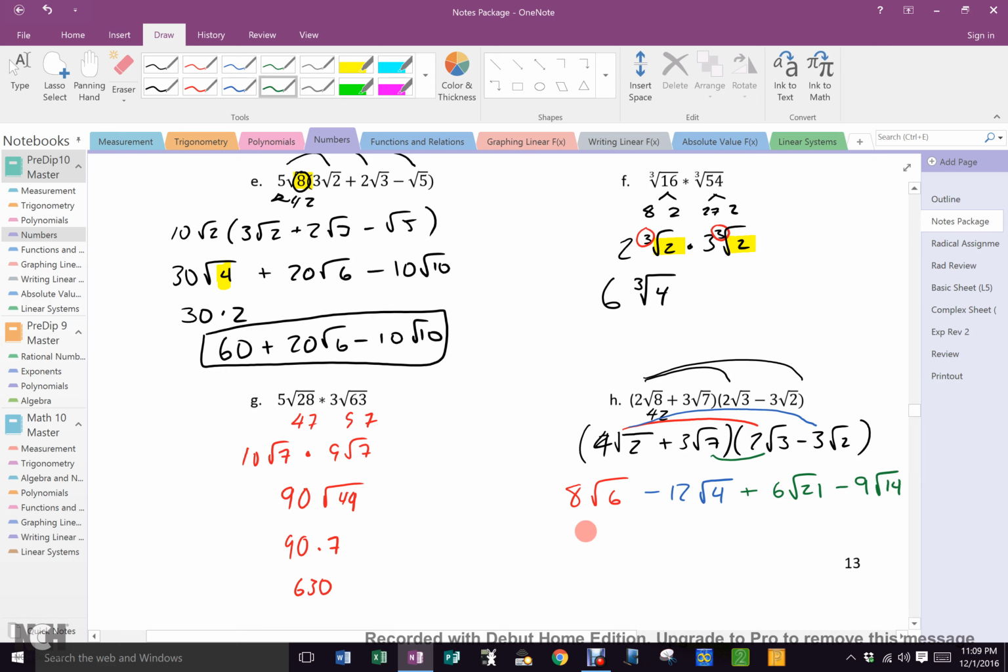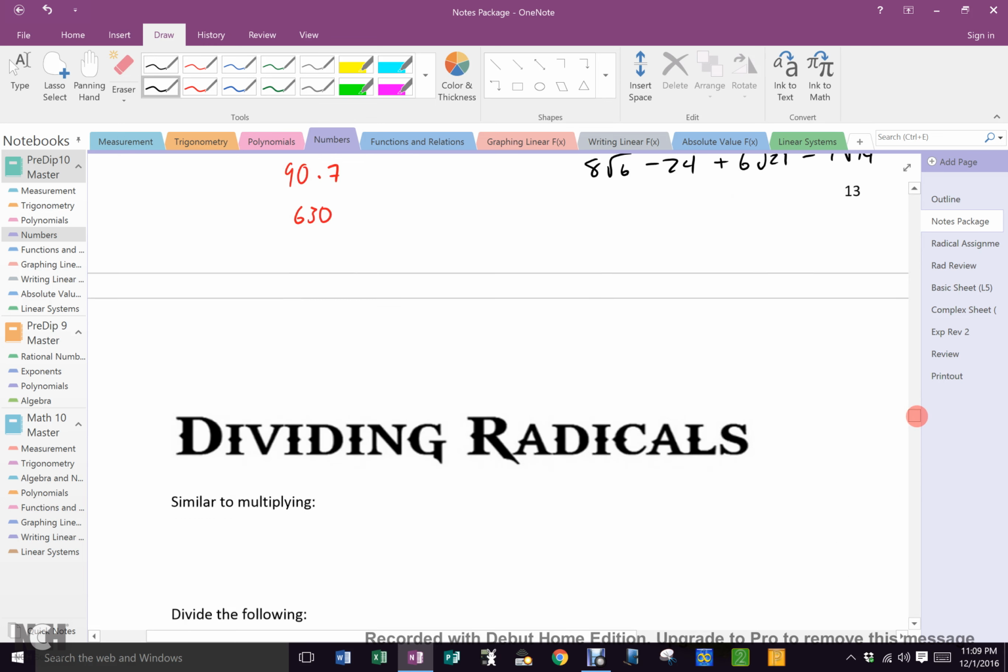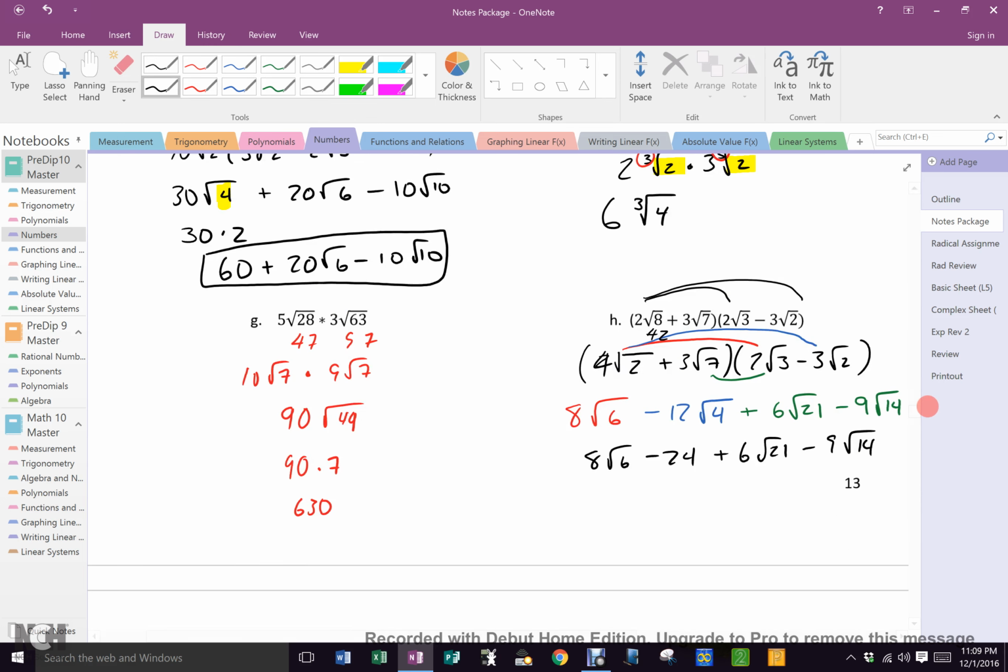Simplify everywhere you can. 8 root 6 plus 12 times 2 is negative 24 plus 6 root 21 minus 9 root 14. And that's it for multiplying.